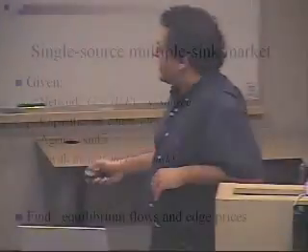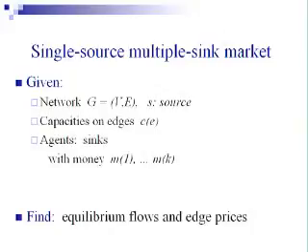Okay, so let me introduce to you this new market. Here we are given a network with vertices, edges, and a single node called the source, and capacities on edges, and a bunch of sinks with the money specified, and we want to find equilibrium flows and edge prices.